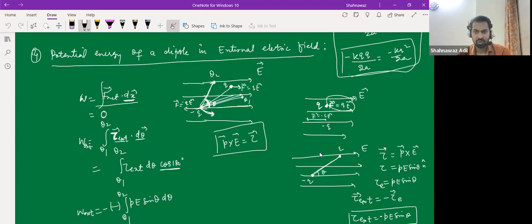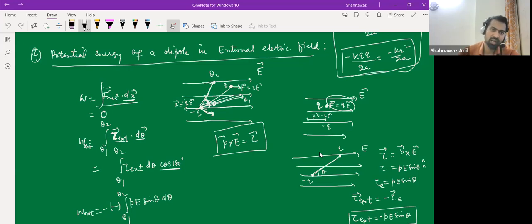We have already calculated that we need to calculate the work done. If we want to calculate the potential energy, from the work energy theorem, we know that if we calculate the work done, then we will be able to calculate the potential energy. So this was our goal, right? Now we have to identify what kind of work is being done, so what kind of force is doing the work.